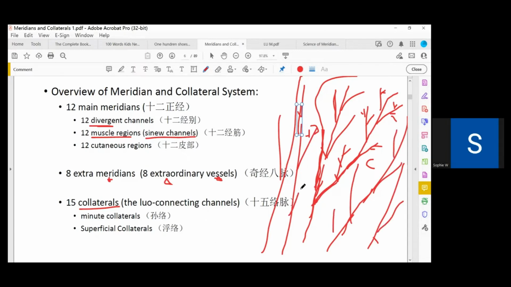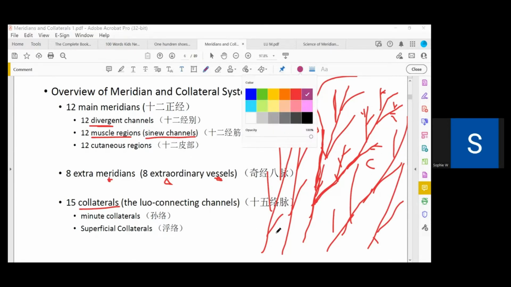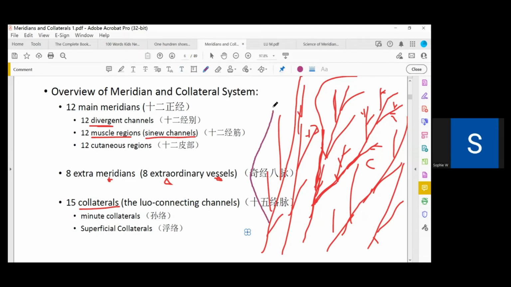And for each main meridian, there is always a special one, like this one.